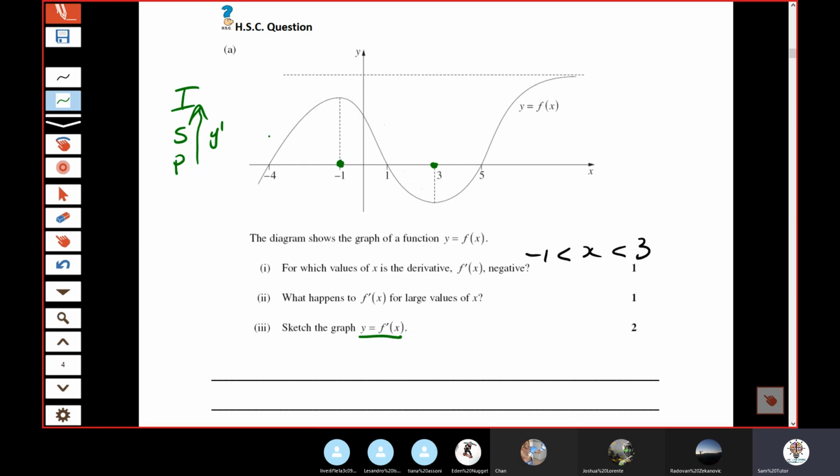Points of inflection, let's see. The best thing maybe is just follow it from the beginning. Just go sad, sad, sad, sad. Somewhere here, happy, happy, happy, happy. Somewhere there, sad, sad, sad, sad. True?